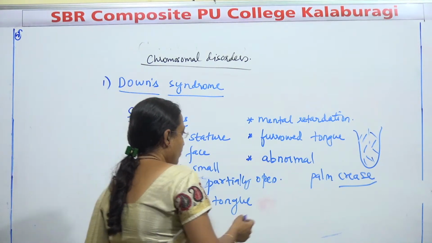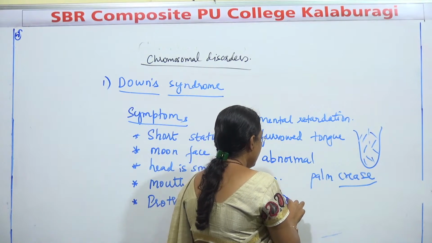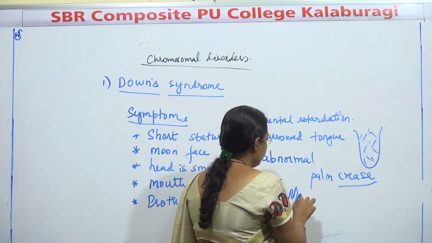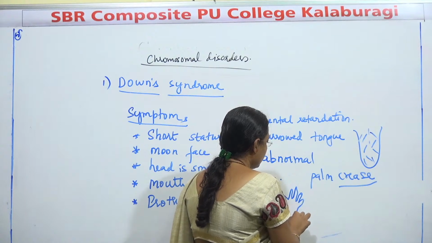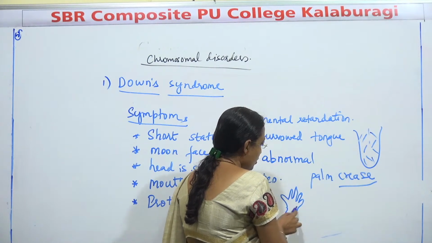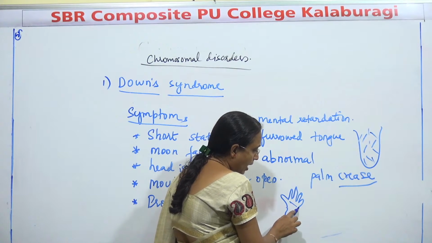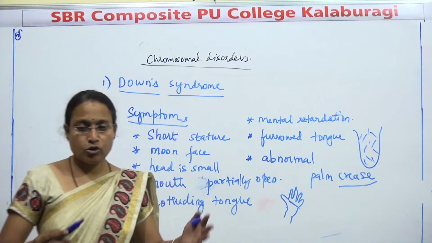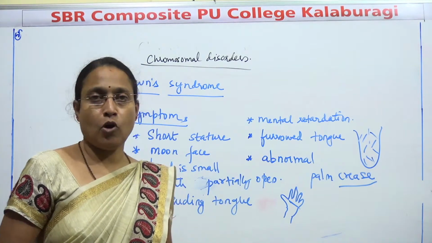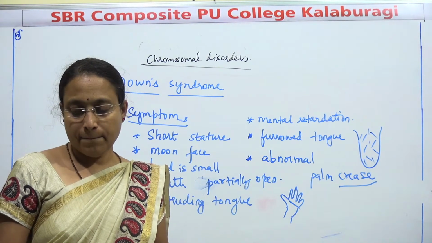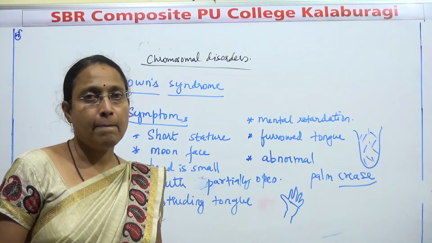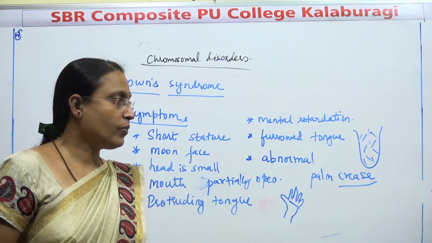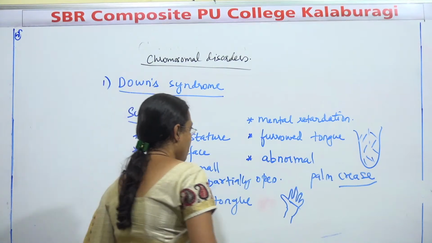In the palm of the child, only one line is supposed to be there, which appears very abnormal. The lines that appear on the palm are abnormal in case of people who are suffering with Down syndrome.